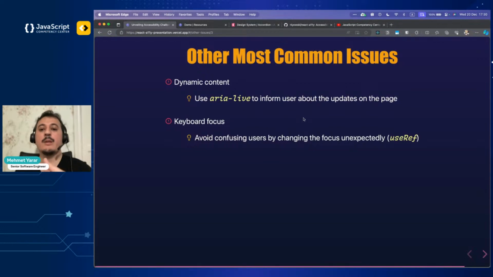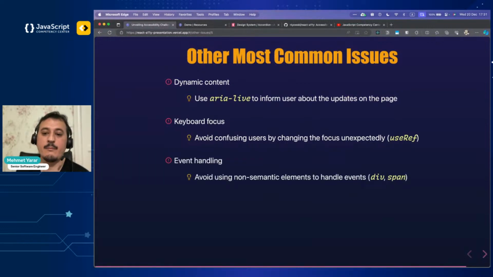We also need to think about the keyboard focus. For example, in React, we have synthetic events, and those events may not always correspond to accessibility events in the browser. So we need to care about that.